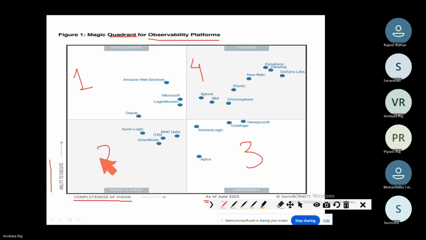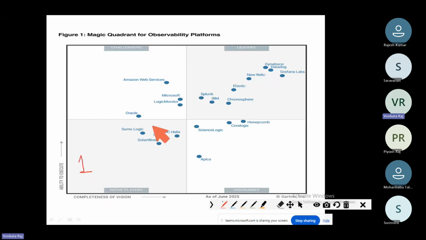Sorry, I made a mistake here. This will be 1 actually. Then this is 2. This is 3. Because this will be my 0, right? It means here it is less for both ability to execute and completeness of vision. This is niche players. Okay, so their completeness of vision and ability to execute is the lowest.